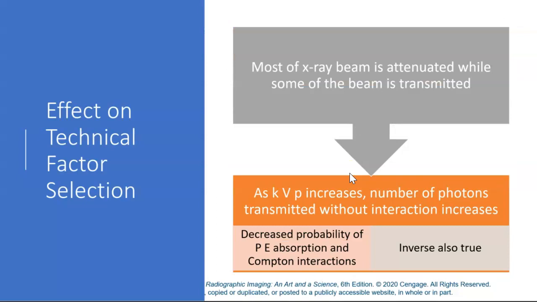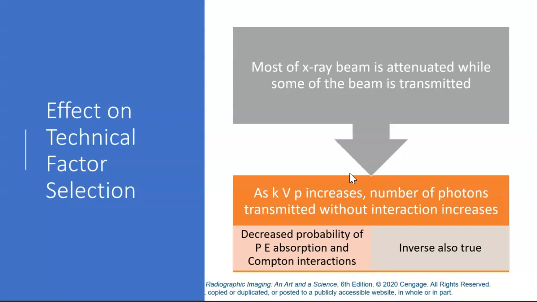All right, so effects on technical factor selection. Most of the X-ray beam is attenuated while some of the beam is transmitted, so we need both. As kVp increases, the number of photons transmitted without interaction increases. So you're going to read that in Bushong and say, wait, what? I thought we had some Compton. So as kVp increases, the number of photons transmitted without interactions increases.